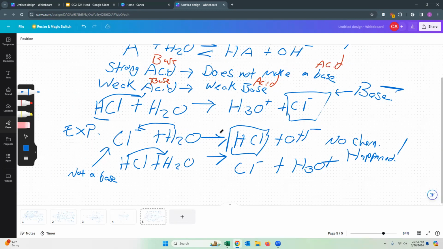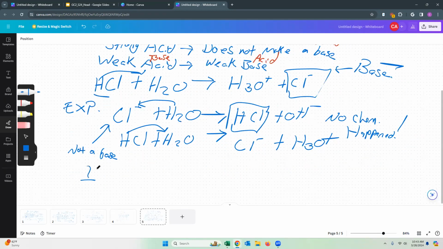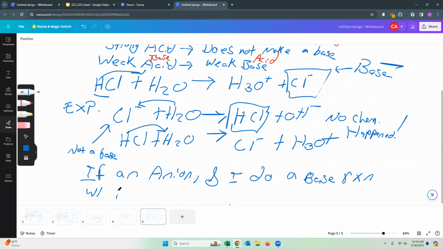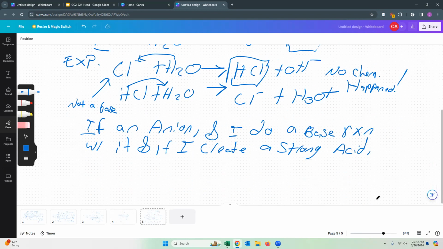So your rule of thumb is, if I have an anion and I do a base reaction with it, and if I create a strong acid, that reaction can't happen.